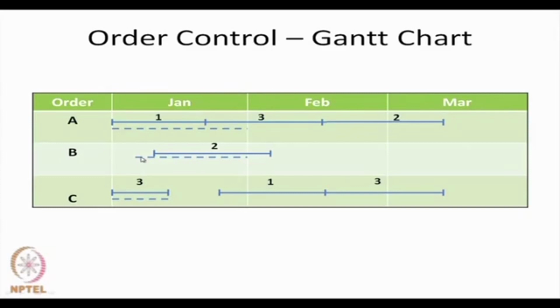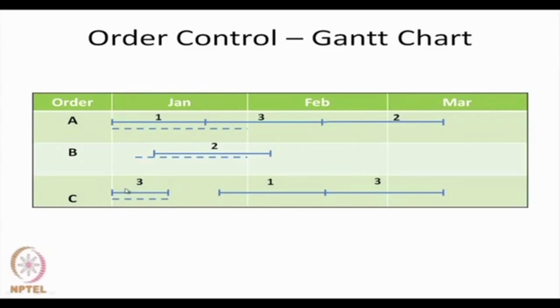This line says that machine 2 was available and therefore, work on order B started on this machine sometime in the first week of January, and the work is continuing on machine 2 for order B. This is saying that machine 3 took up the work on order C as scheduled and the work was completed as scheduled.